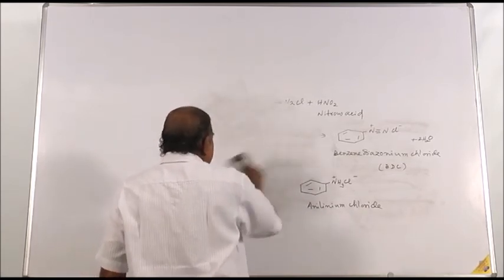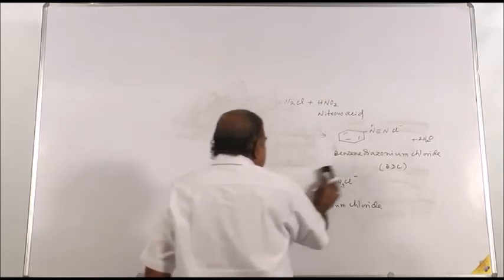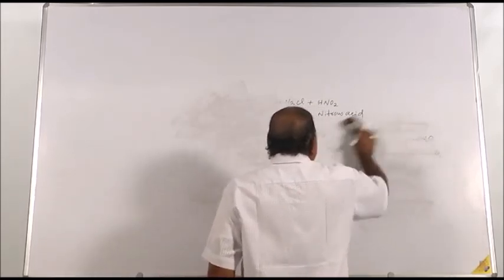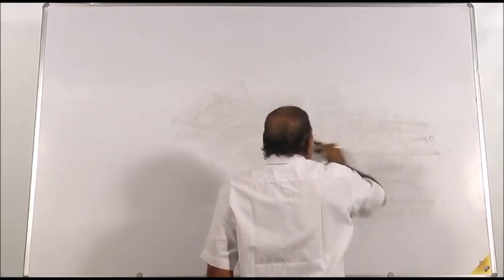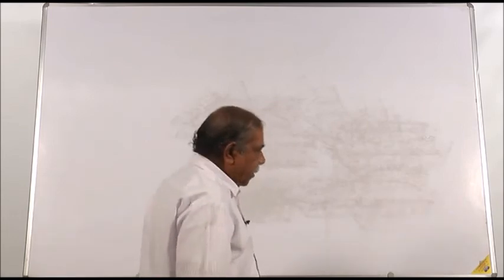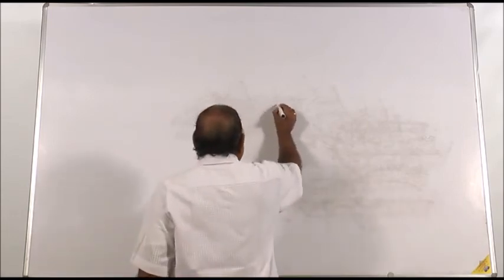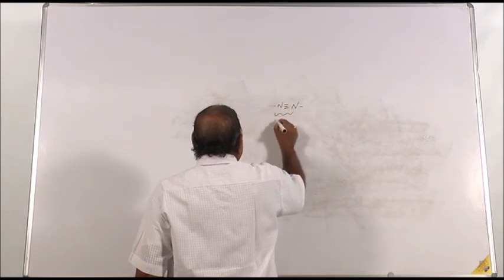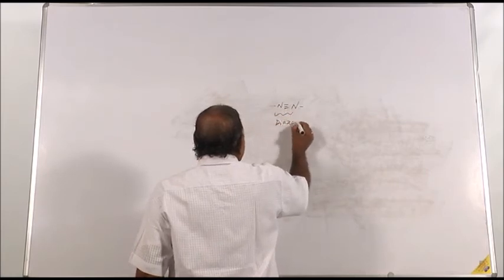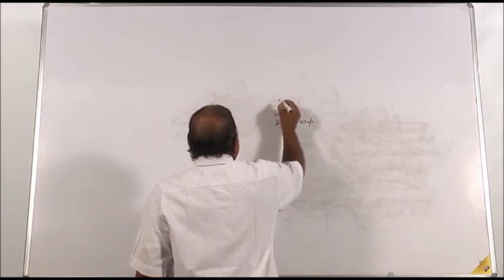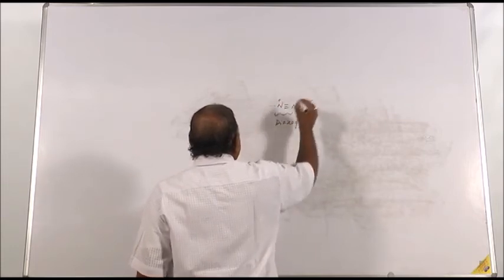Now, there are two different characteristics or properties. N triple bond N, we call it a diazo group. So this plus, and we have written some negative part.